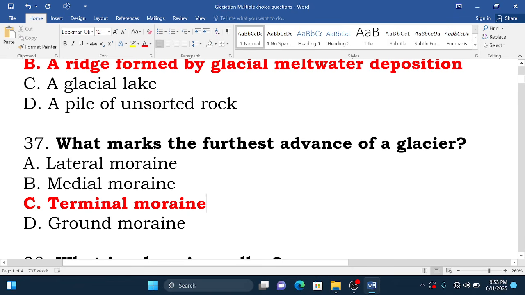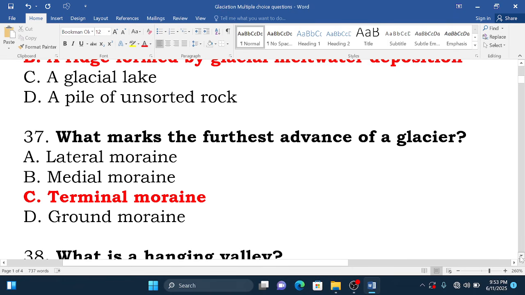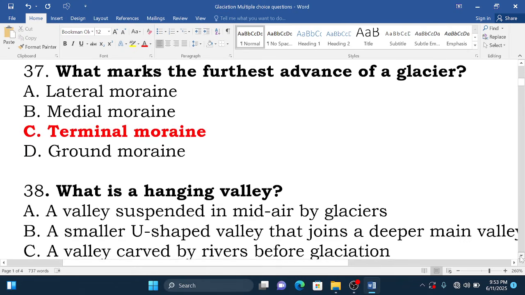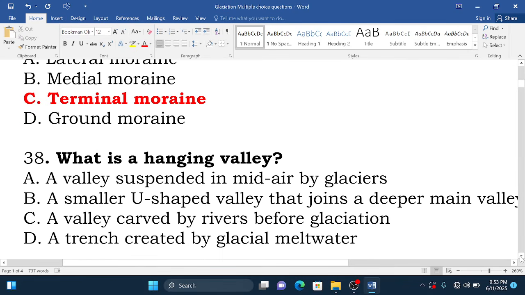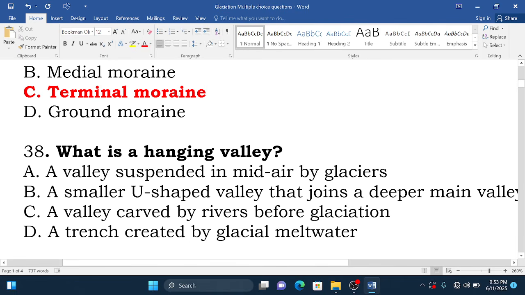Let's go to question number 38. Question 38 is asking, what is a hanging valley? When we talk of a hanging valley, what do you understand? A, a valley suspended in mid-air by a glacier. B, a smaller U-shaped valley that joins a deeper main valley.